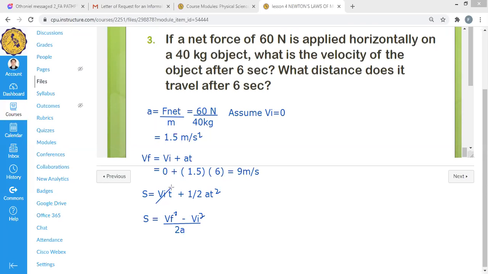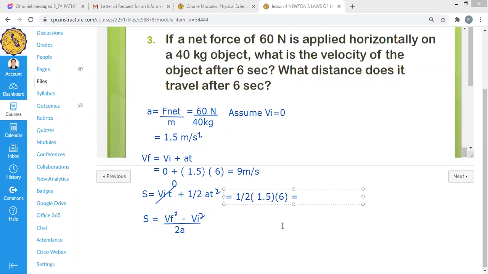If the initial velocity is 0, then our value there will be 0, so what is left is just 1/2 of A, which is 1.5, and then we multiply it with 6 square.